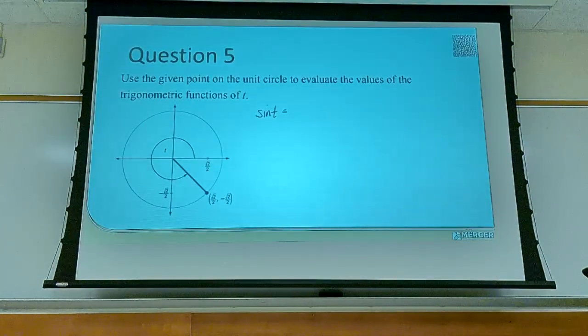Sine is negative square root of 2 over 2 and cosine is square root of 2 over 2. Tangent is sine over cosine, and it's going to be negative, so -1. The magnitudes of sine and cosine are the same.